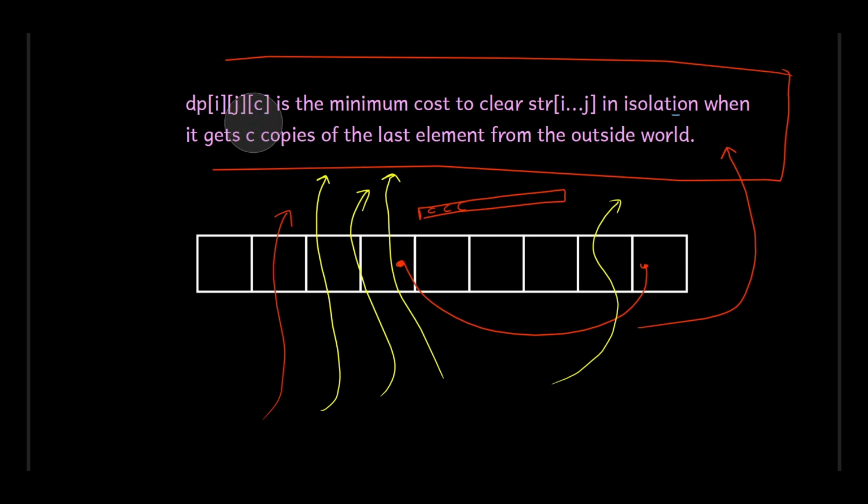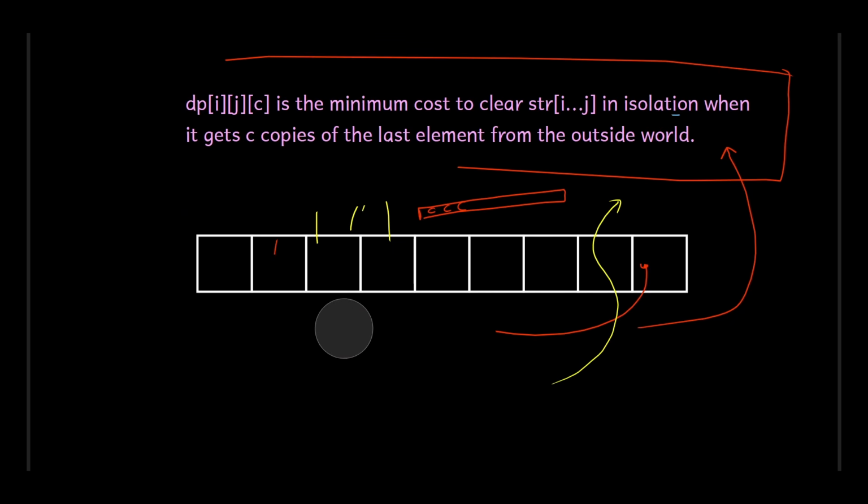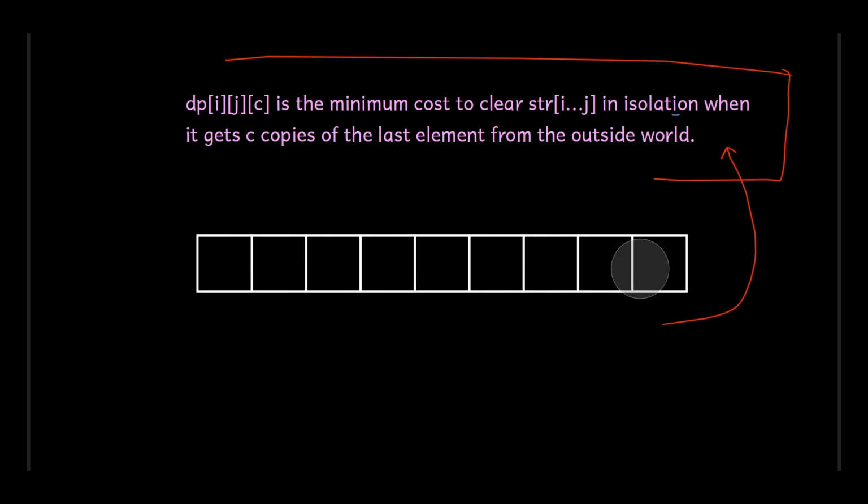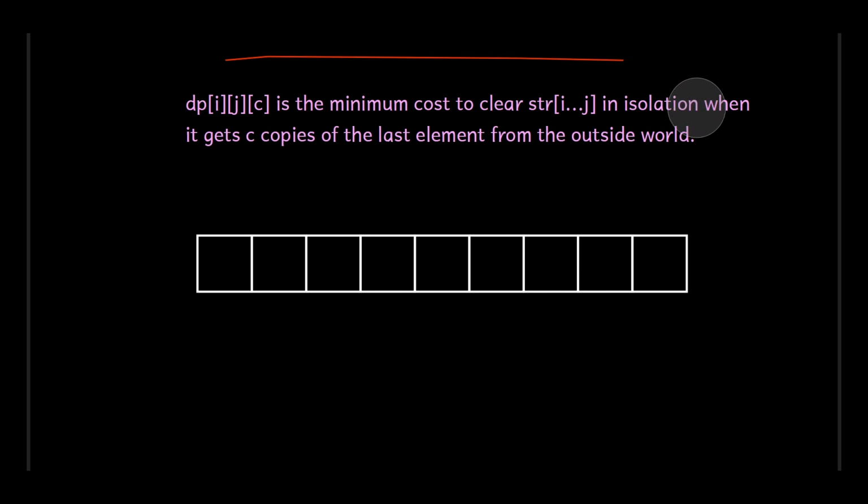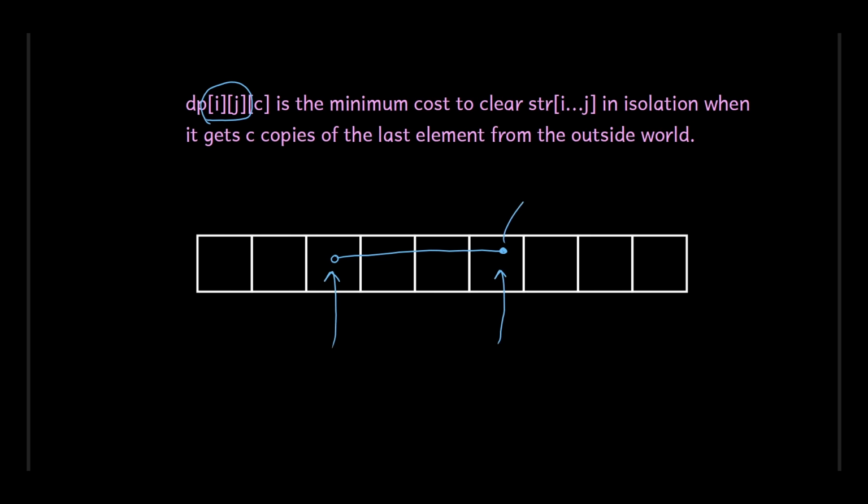In most of the problems that you must have solved so far, especially for subarray DP, I'm pretty sure there is hardly any case where you have not viewed the subarray in isolation, because here it is not exactly in isolation. Yes, i to j is in isolation, but it is also interacting with the outside world with a parameter called C. And there are not a lot of DP problems, at least that I have seen, that use this pattern wherein the subarray is not in isolation but interacts with the outer world.